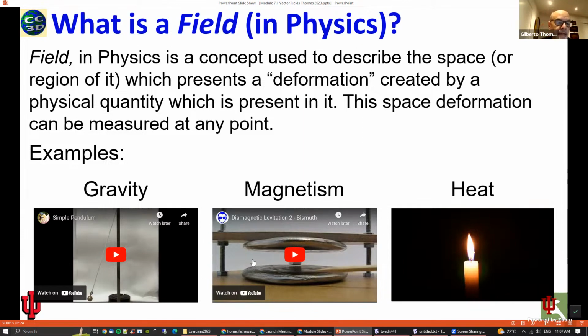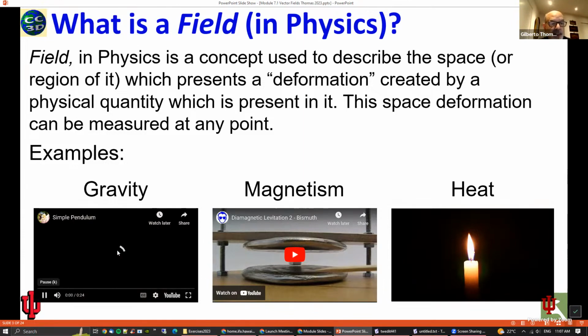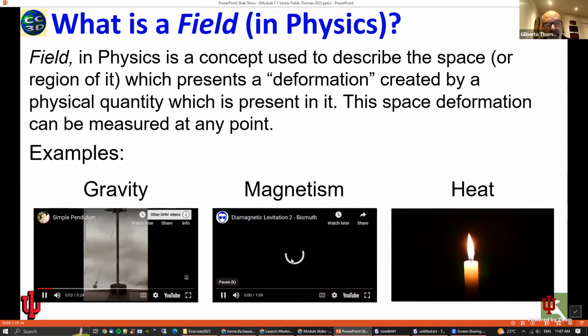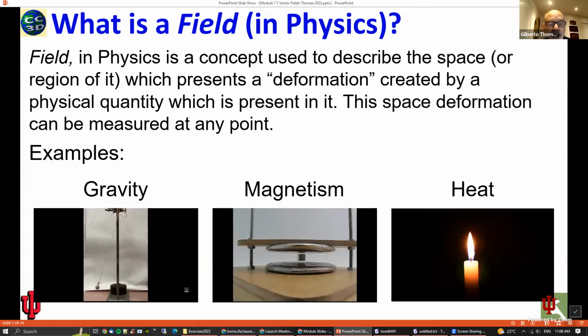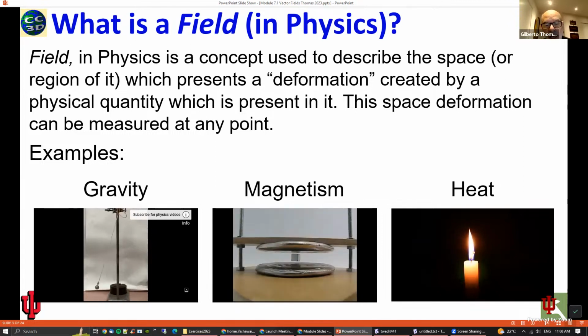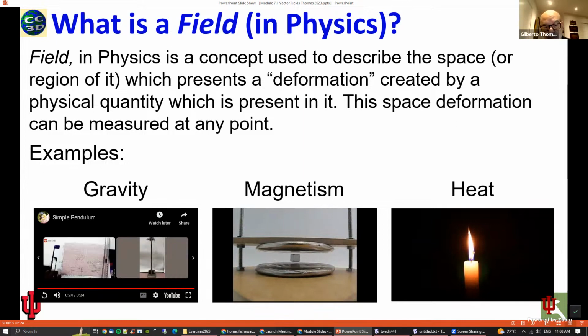For example, we have here the gravitational field, gravity, magnetism, and heat. All of these three movies are showing you that the objects there are under the action of something which is present in the region of the space they are shown.